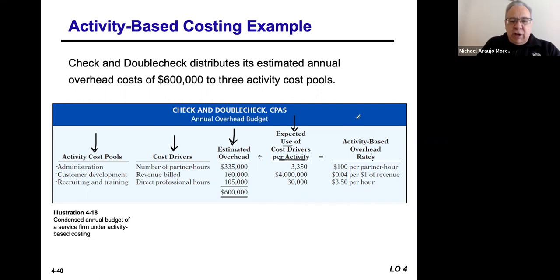So now that we know what their activity-based rate is for each cost, maybe we can look at that same event a little bit differently using activity-based costing.